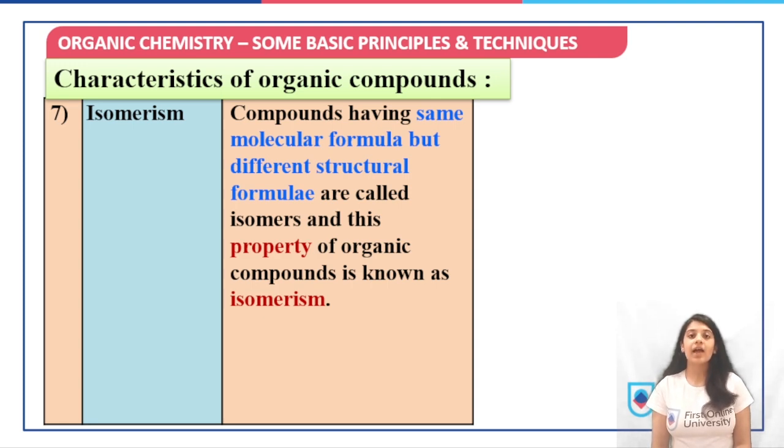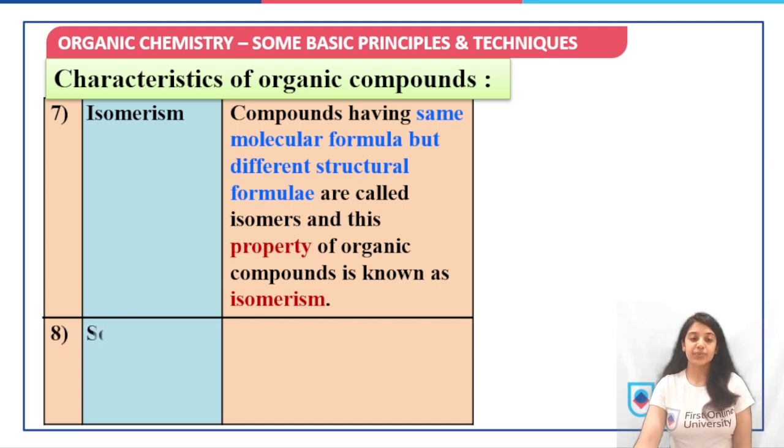So butane and isobutane will be called isomers having the same molecular formula C4H10 but different structural formulae. This property of organic compounds is called isomerism.